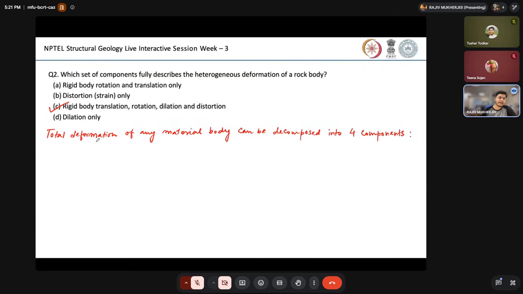So that are rigid body translation, that means change of coordinates, a change in position. Then of course rotation, rigid body rotation.